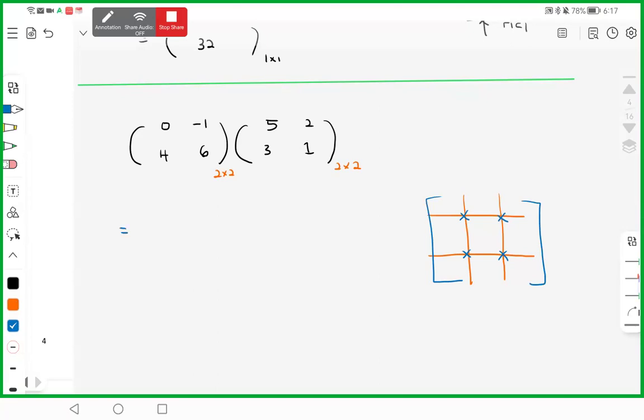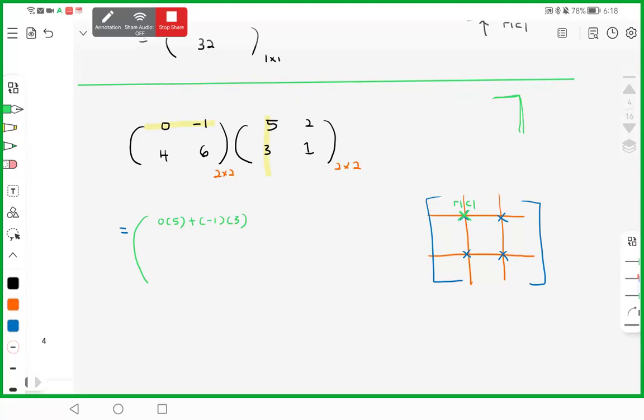Next, we can do multiplication already. We read out the position for the first element first. Row 1, column 1. Meaning, take all the elements in the first row multiplied with the elements in the first column. The pattern is like a 7. Horizontal, vertical. 0 times 5 plus negative 1 times 3.